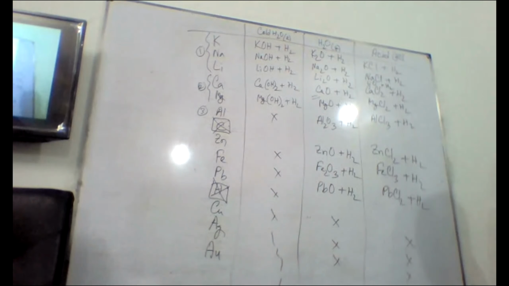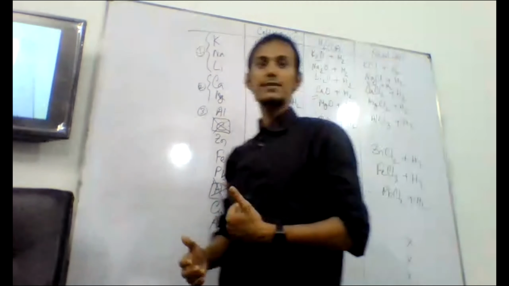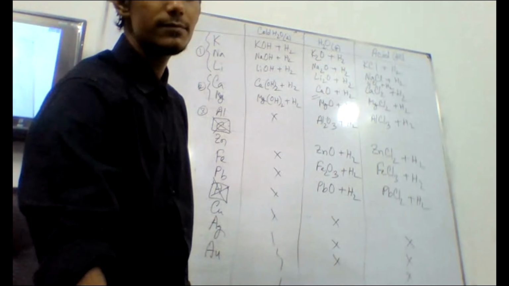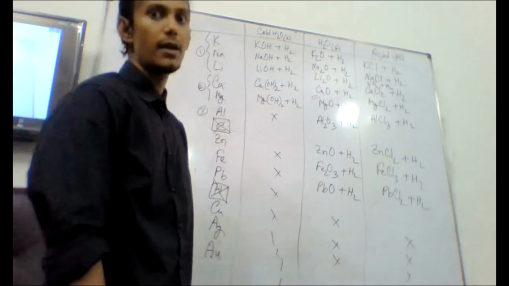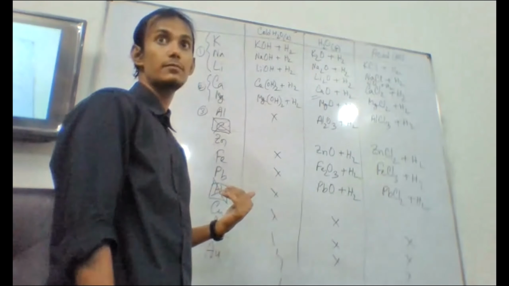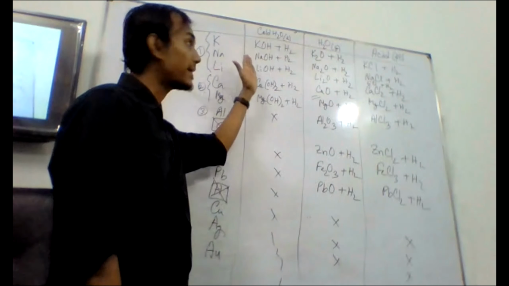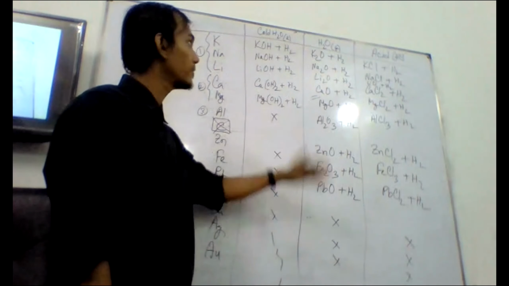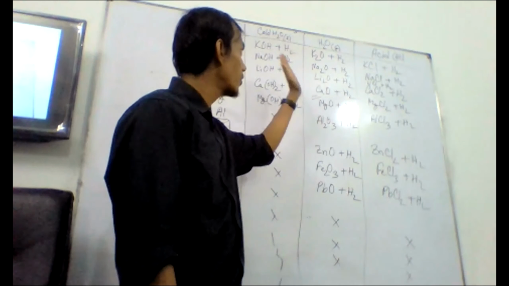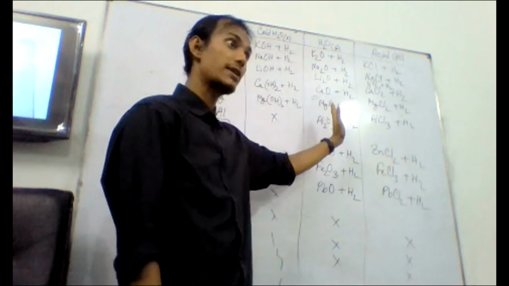So these are all categories. As I say, metal plus cold water: metal hydroxide and hydrogen gas. Metal plus gaseous water, meaning steam: metal oxide and hydrogen gas.